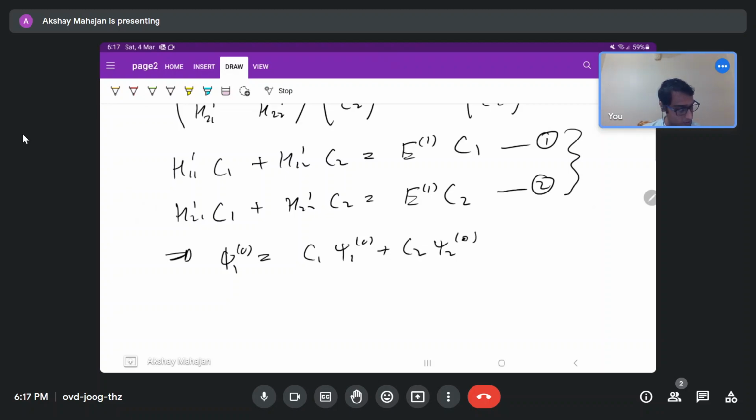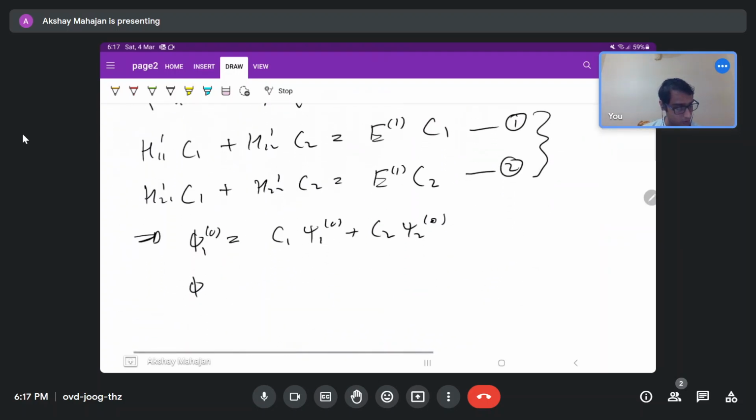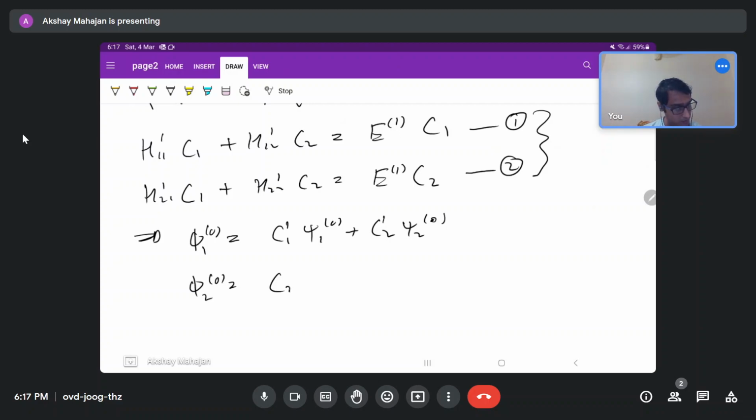Okay, and then similarly, for one basically you will have two eigenvalues. You can say this is for one of the eigenvalues, and from the second of the eigenvalues, psi 2 of the 0th order. Yeah, so you can get these two kinds of combinations.